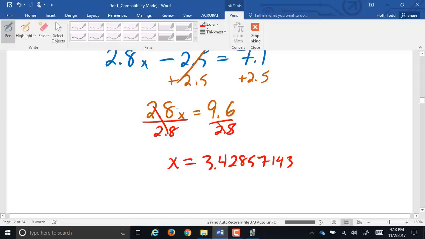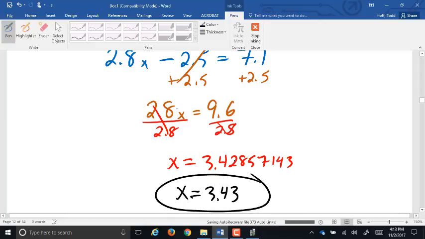So where would you round that? 3.43. Nothing in the problem goes past one decimal place, so we'll round our answer to 2.